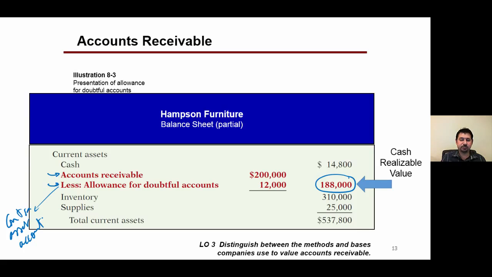This is why it's listed right after accounts receivable, and the value of accounts receivable will be the gross amount, which is 200,000 minus the 12,000. And of course, accounts receivable and its contra account are listed under current assets.